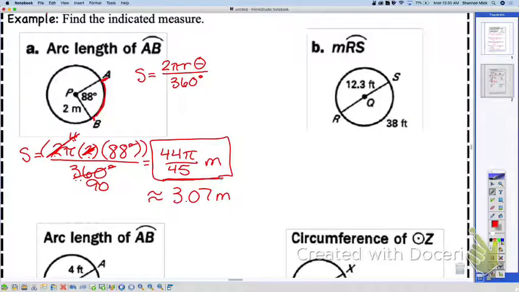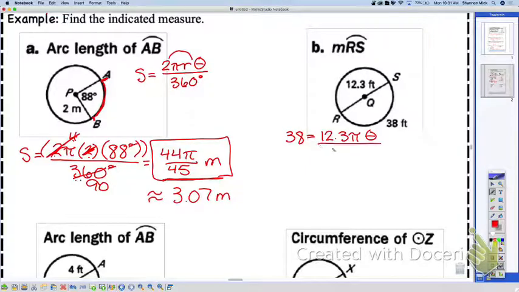38. So I'm going to have 38 equals, and we said 2 times r is the diameter, yes? Do they give me the diameter? Yep, so I can just put 12.3 pi, I don't know theta, do I?